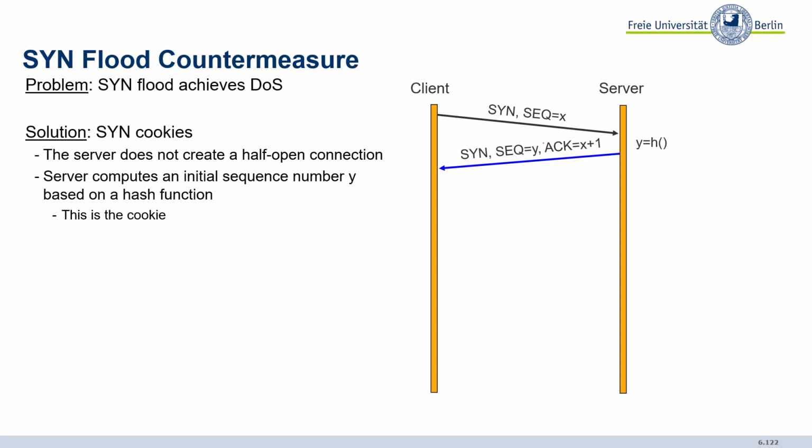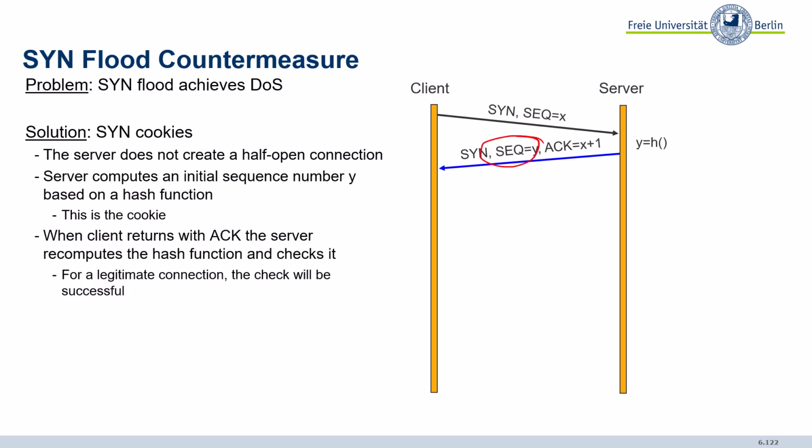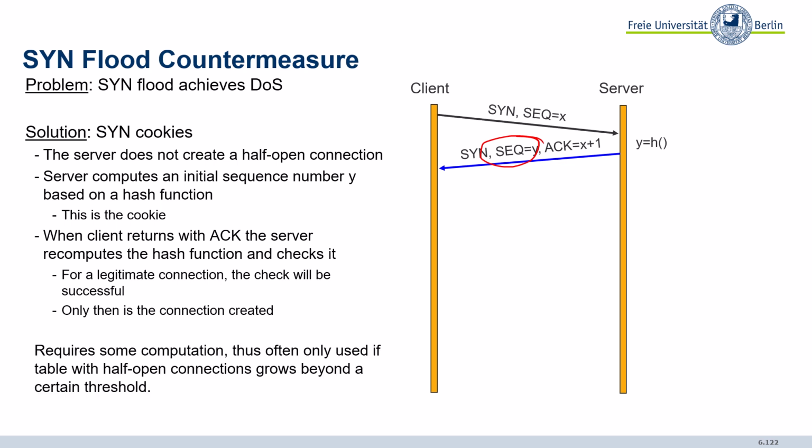When the client returns with an acknowledgement, the server recomputes the hash function and checks it. And if everything is fine, then you create the connection. This requires some computation, yes, this checking in the end, checking if this is okay.